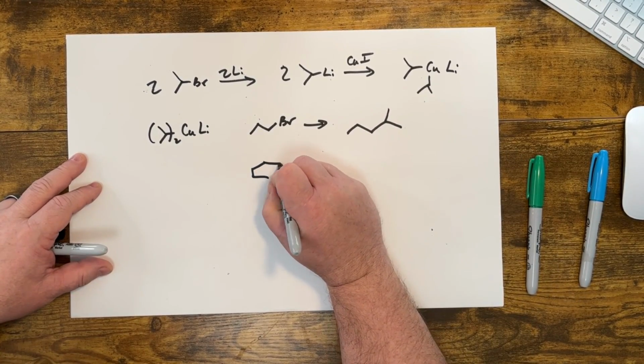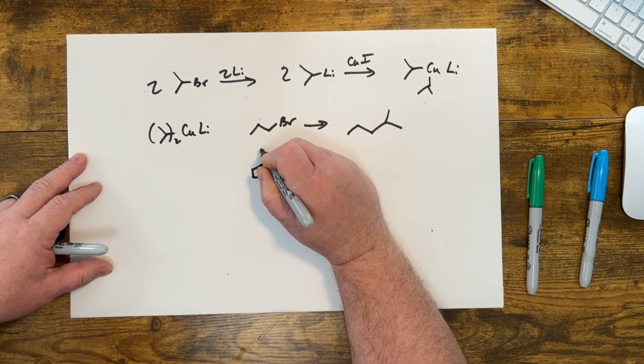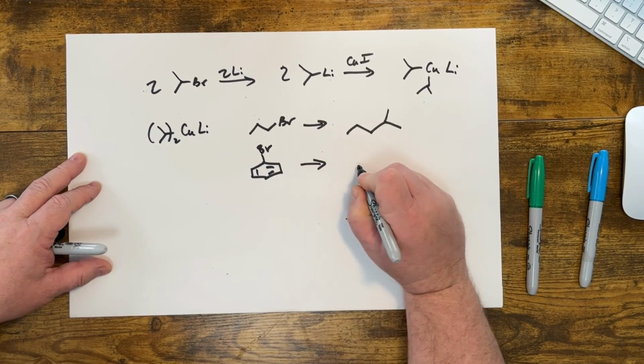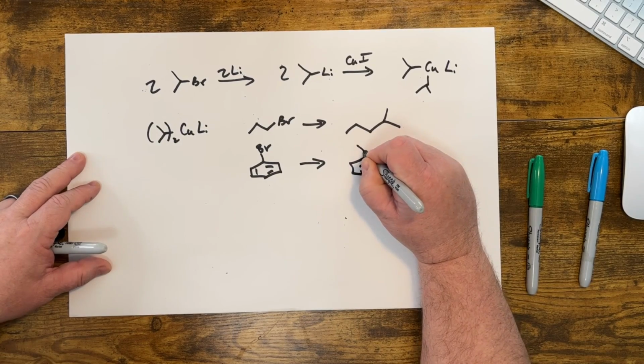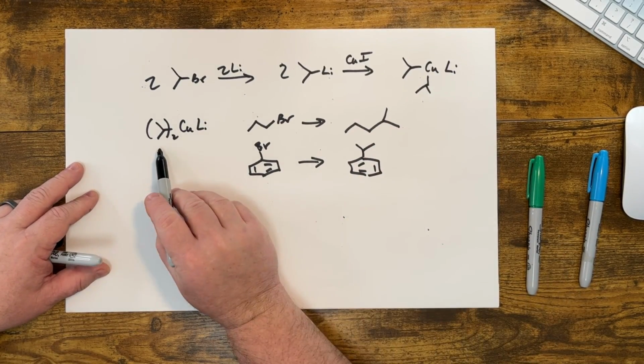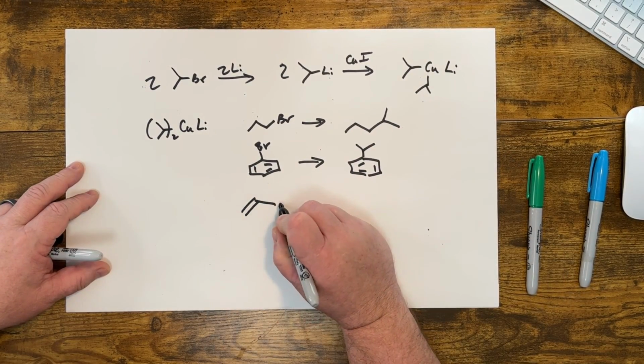You could react even with leaving groups on double bond compounds, like a phenyl bromide. And you directly replace the bromine with whatever the R group is. Any kind of double bond compound even.